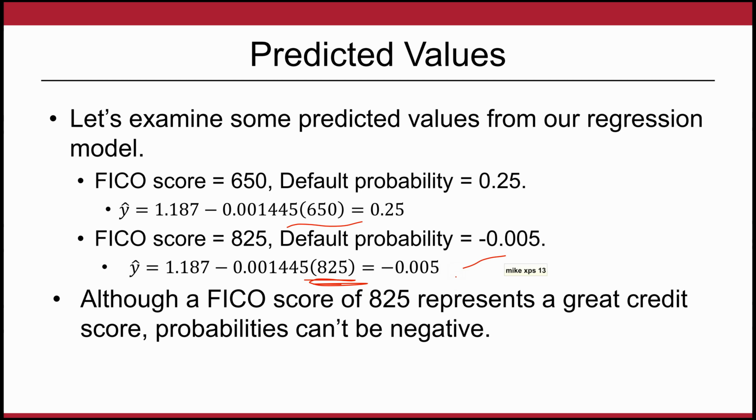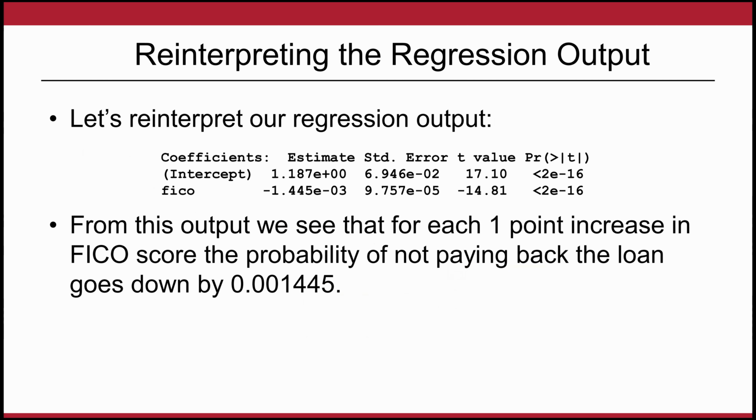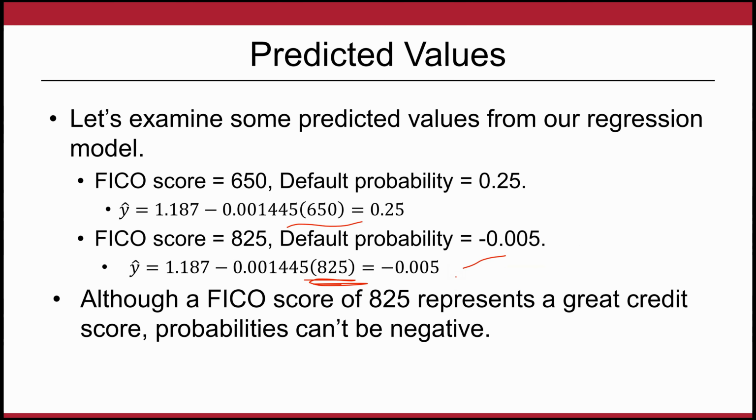So there's a little bit of a problem here in that you get an interpretation that is believable. As FICO goes up, the probability of default goes down. However, you don't get valid predictions. And this is what happens when you apply linear regression to a 0 1 response variable. The signs will be okay, and you'll get an idea of how the x's relate to the y.